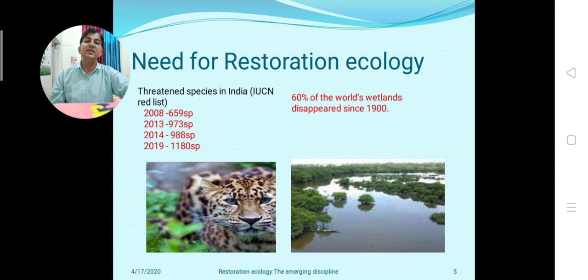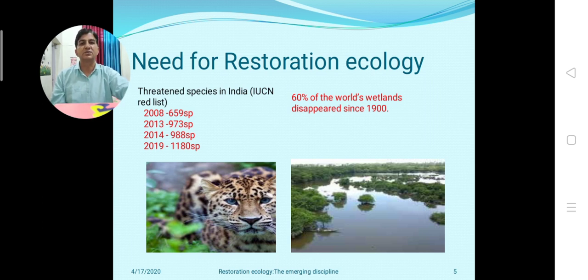So, what is the need for restoration ecology? Why do we need to go for restoration? Because you know that these ecosystems have become so damaged in recent years due to man-made or natural or anthropogenic disturbances or climate change.